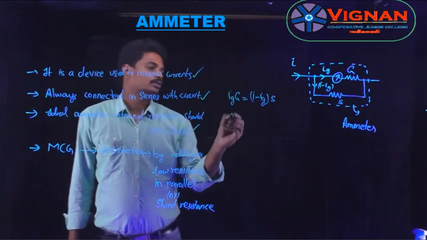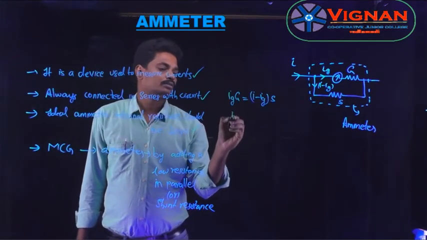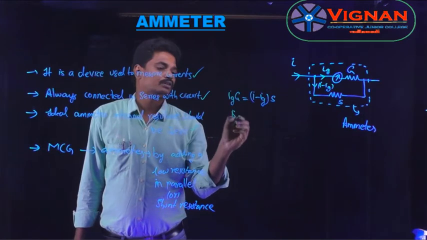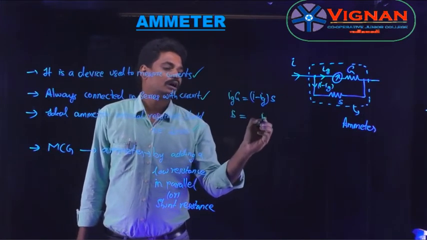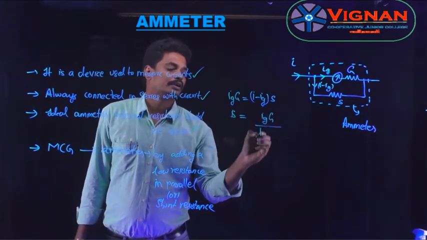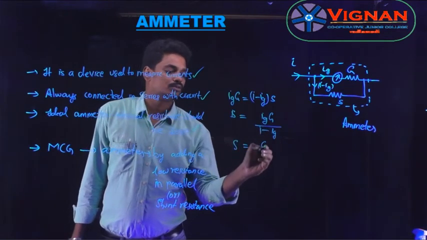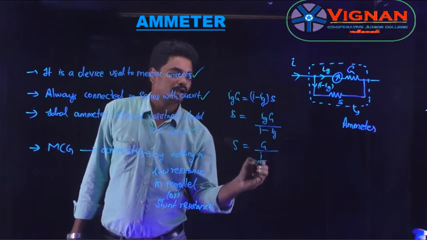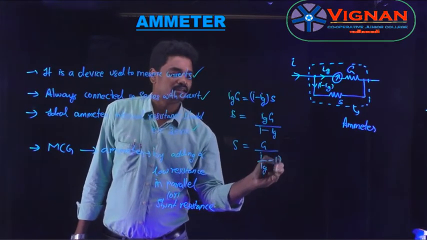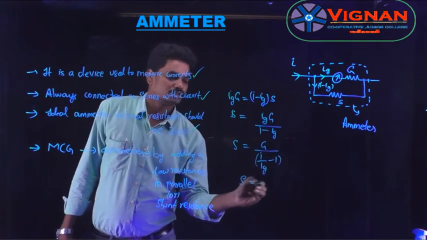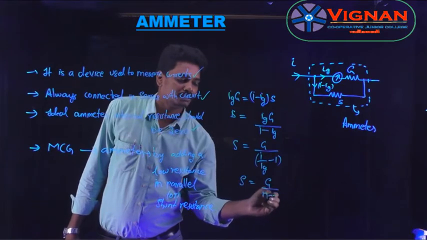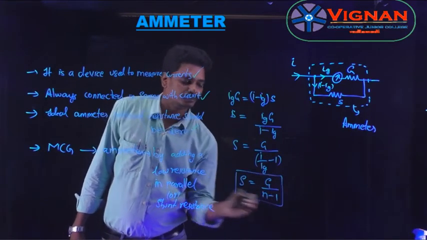Okay, so from here S is equal to Ig into G divided by I minus Ig, or S is equal to G divided by I by Ig minus 1, or S is equal to G divided by N minus 1, as we calculated before.